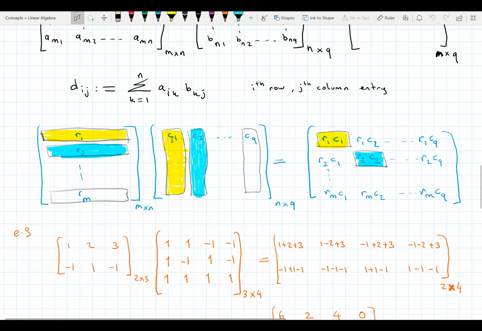So this is row 1 times C1, R1 C1, row 1 times C2, R1 C2, row 1 times CQ, R1 CQ, and that is R2 times C1, that will be that one, and so on. You can picture it. I think this will help to picture what's going on.